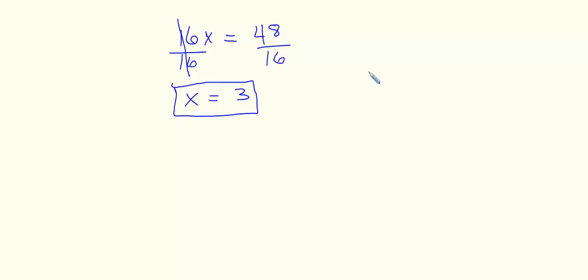And we'll do one more example here. Let's do x divided by, I don't know, 10 is equal to 20. So a number divided by 10 is equal to 20. To get x by itself, we're going to do the opposite of dividing by 10, and we're going to multiply by 10.